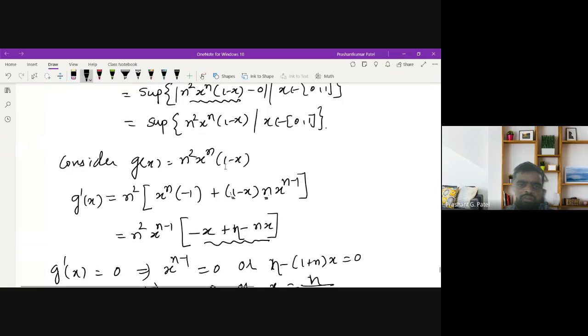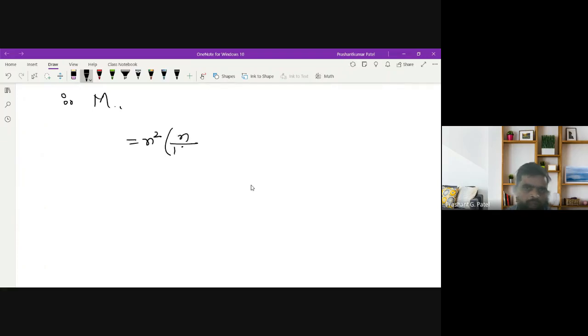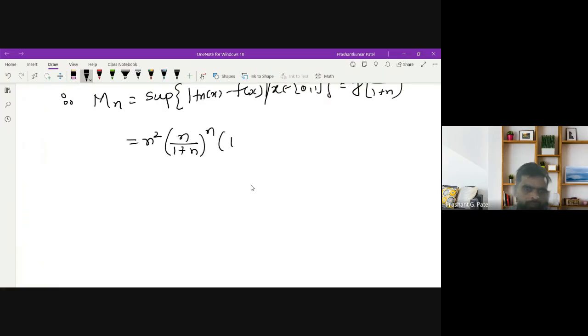This is your function g. Now if you substitute x is equal to n upon 1 plus n here, this is n square into n upon 1 plus n power n into 1 minus n upon 1 plus n.